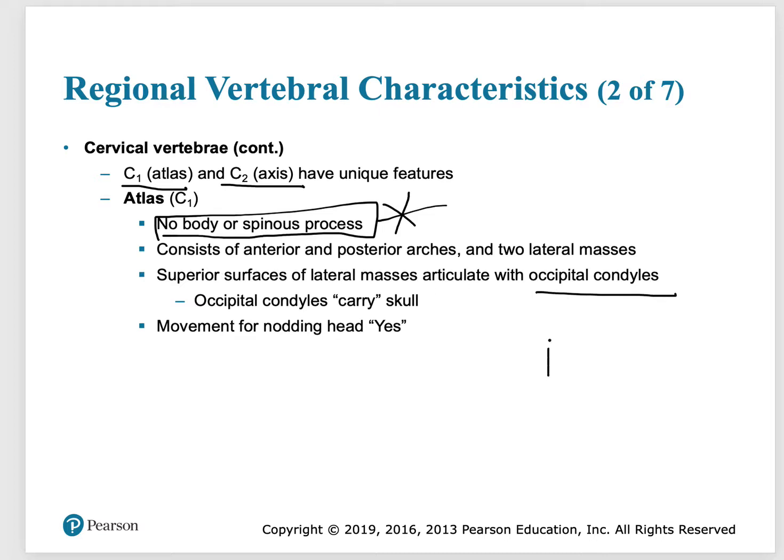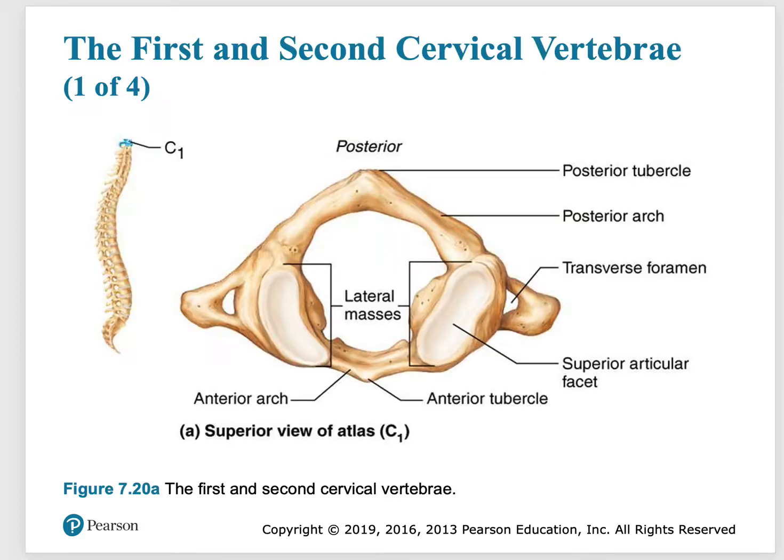Remember, the occipital part of the skull is the posterior portion, and condyles are typically little pieces that are going to articulate or help with moving across the bone. The atlas is responsible for nodding the head yes. So you can do that right now. Yes. All right. So that is our C1, our atlas.